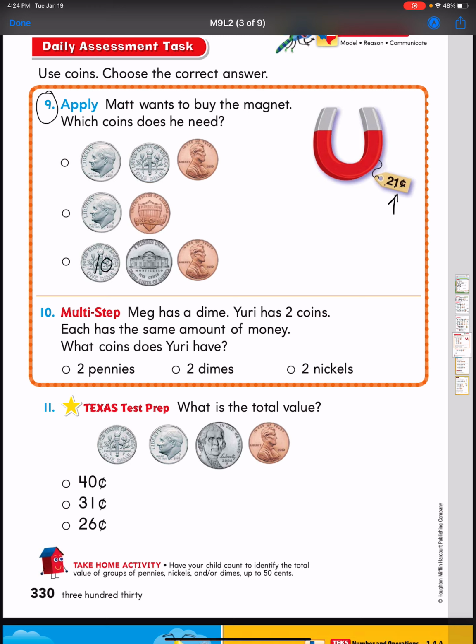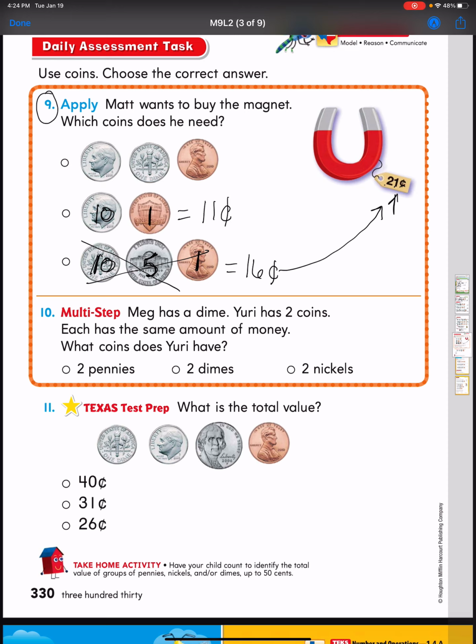I need to find the value of these coins. So this dime is worth 10, this nickel is worth 5, and this penny is worth 1. How much money do I have? I have 10, 15, 16. I have 16 cents. This does not match. So this is not the correct answer. I have 10 cents, and then a penny is 1 cent, so I have 10, 11.